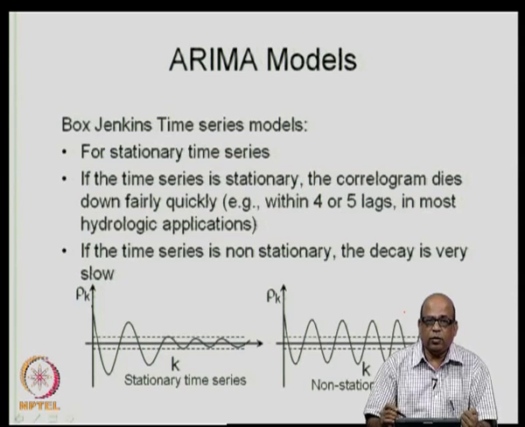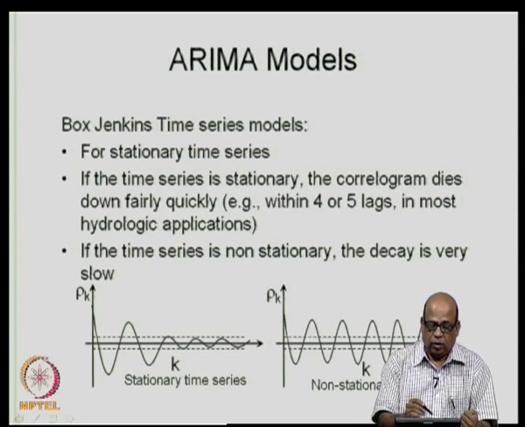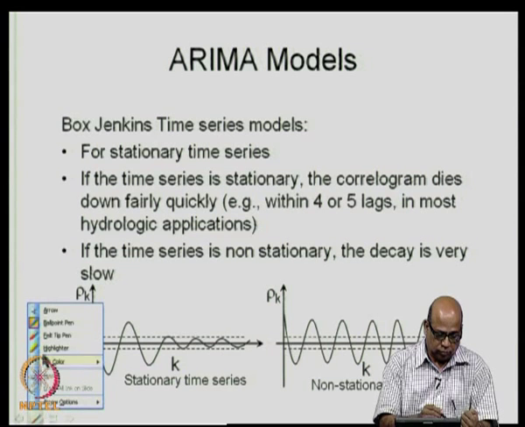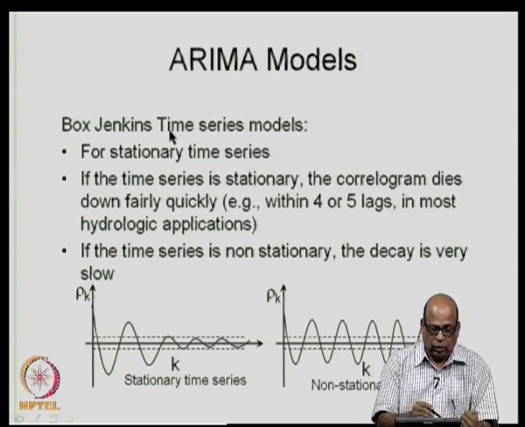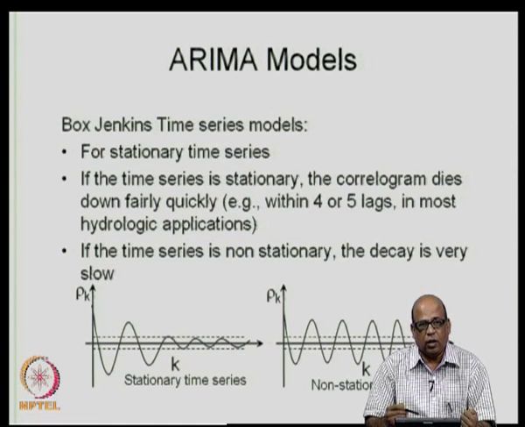The specific models that we will now be discussing, as I just mentioned, are called the ARIMA models, autoregressive moving average models. These are called the Box-Jenkins type of time series models. They are written for stationary time series.